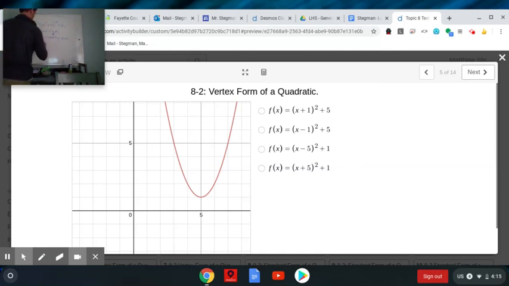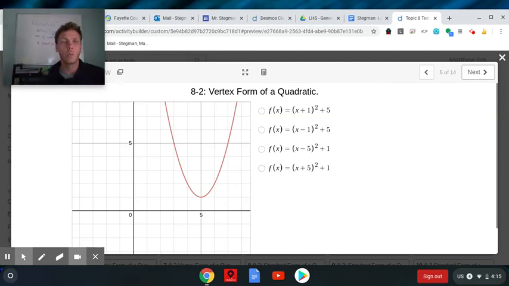The a value tells us how to find our second point. Once we plot the vertex, it tells us how to find the second point. So what we're looking for here is we're trying to figure out which one of these represents this graph, right? So what I want to do first is find the vertex. Okay, so my vertex here is 5, 1.